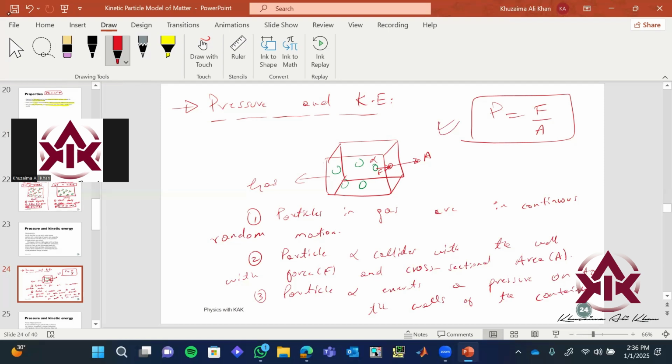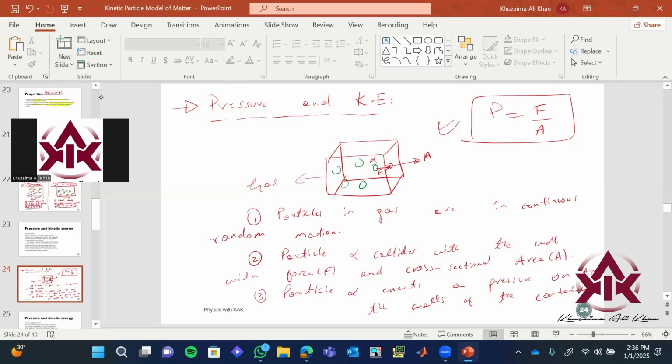Okay. So now let's imagine all the particles colliding, right? This particle colliding with this wall, this particle colliding with this wall, right?